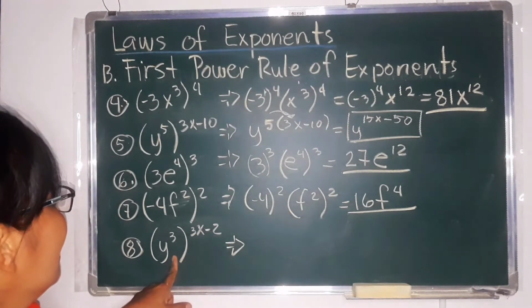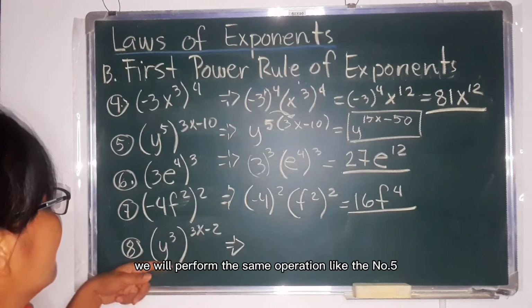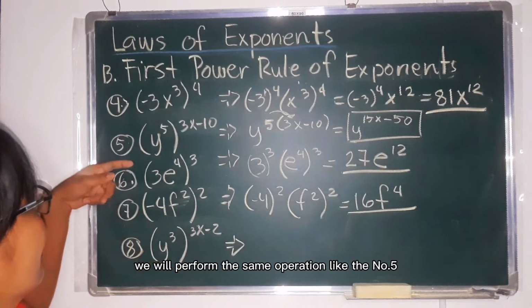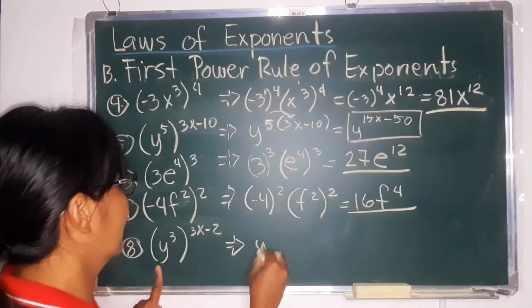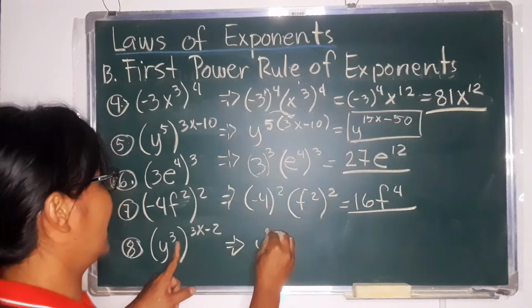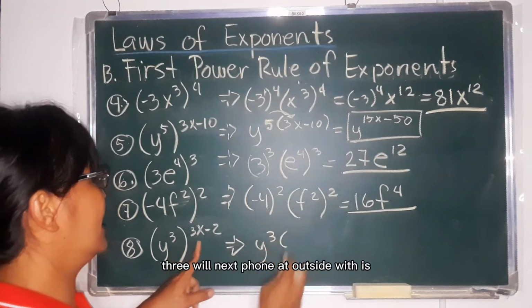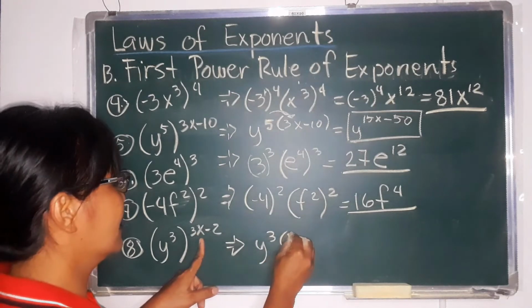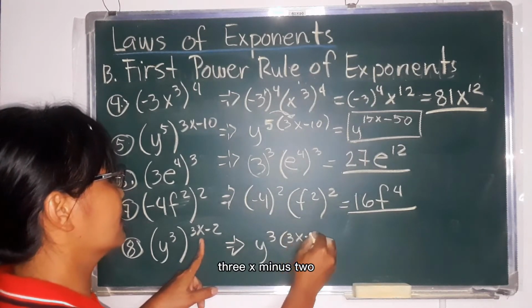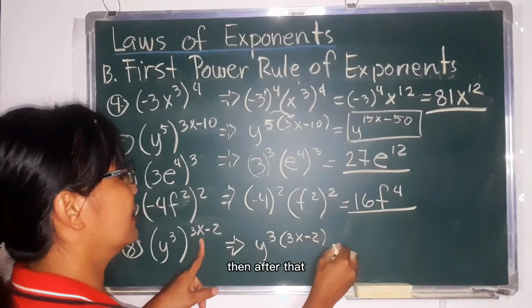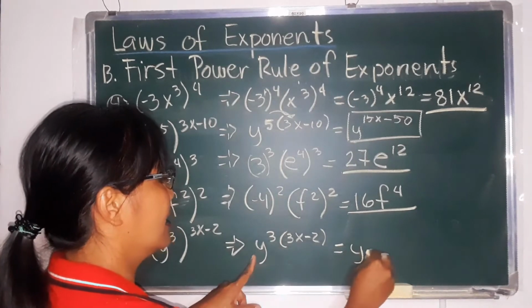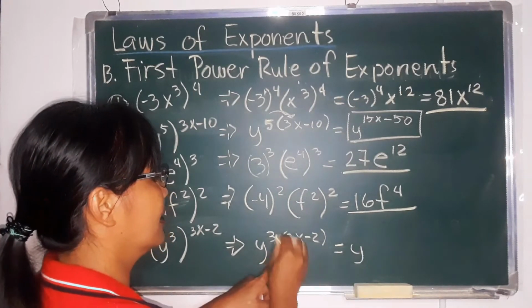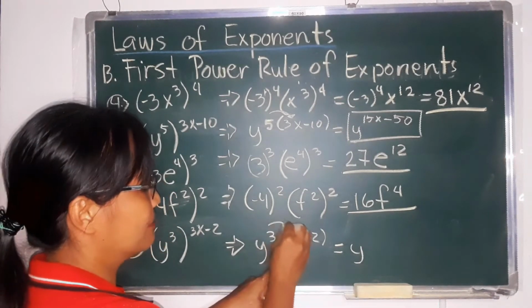So in here, we will perform the same operation like number 5. So copy y and then simply multiply 3 with the exponent outside, which is 3x minus 2. Then after that, simplify, copy the base y, and then the exponent, distributive property.